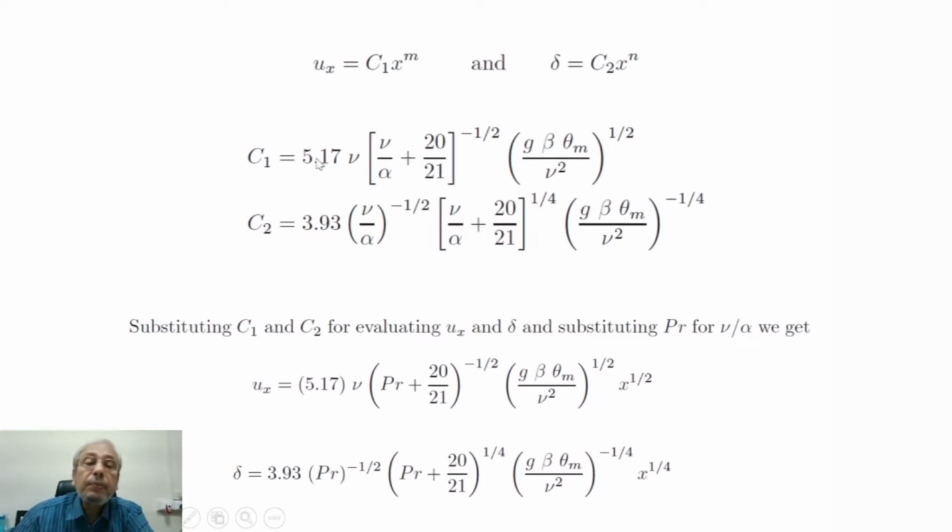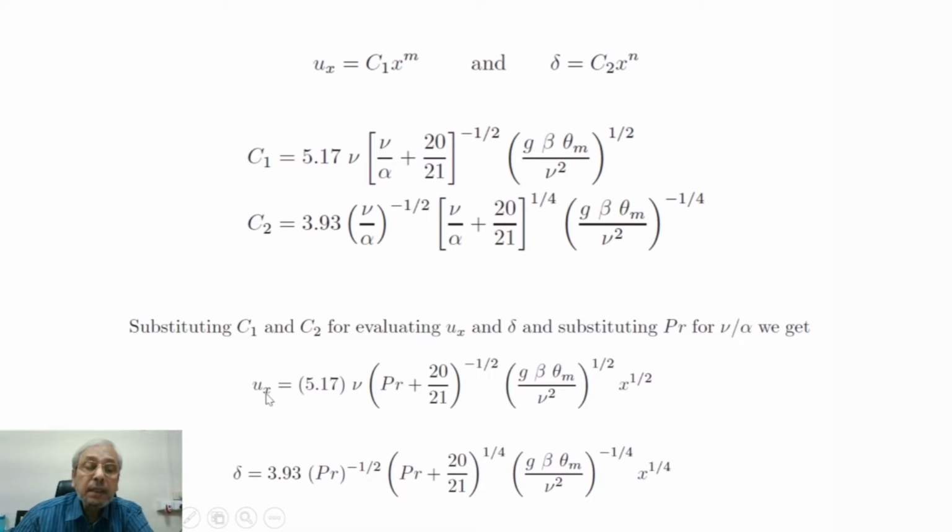So if we substitute the values of C1 and C2 in these two expressions, and also we have a priori found the values of m and n, m is half and n is 1 by 4.